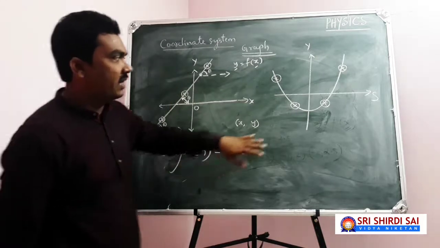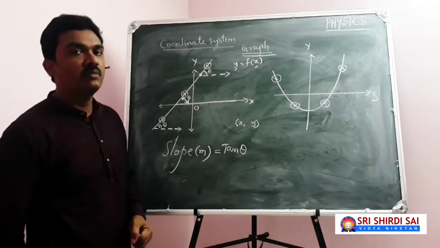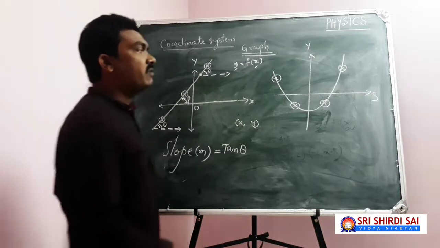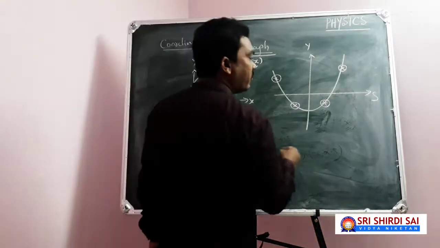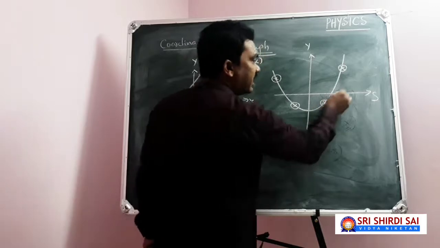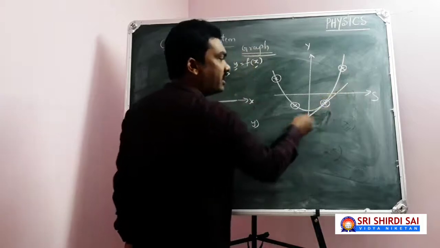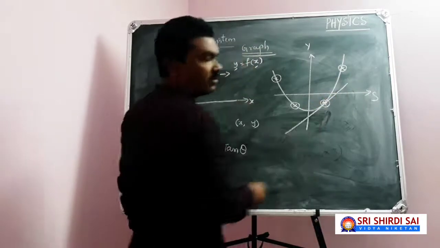Sir, my graph is a curve. Then how do I come across this slope? Yes. Whenever your graph is a curve, for example, at this point you wish to know the slope, then draw a tangential line to the curve at that particular point.